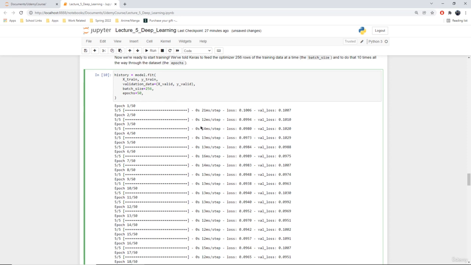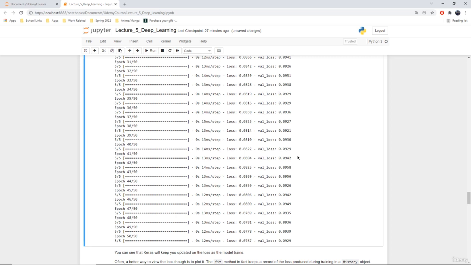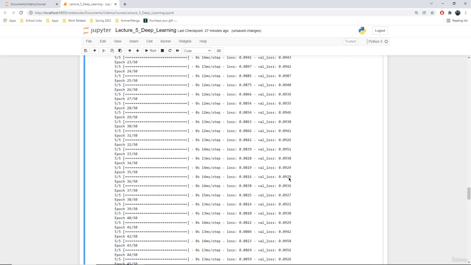Essentially, sometimes we're going to reach a value of convergence where our neural network can't do any better. So it's important to be able to tune the epochs parameter such that we don't run too many epochs. We run as few epochs as we can to get the best loss value, because we don't want to just run as many epochs as we can, as that takes a lot of time.